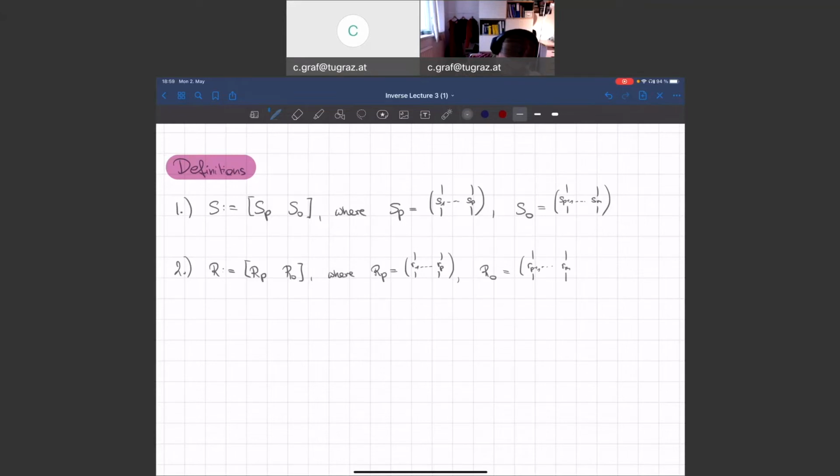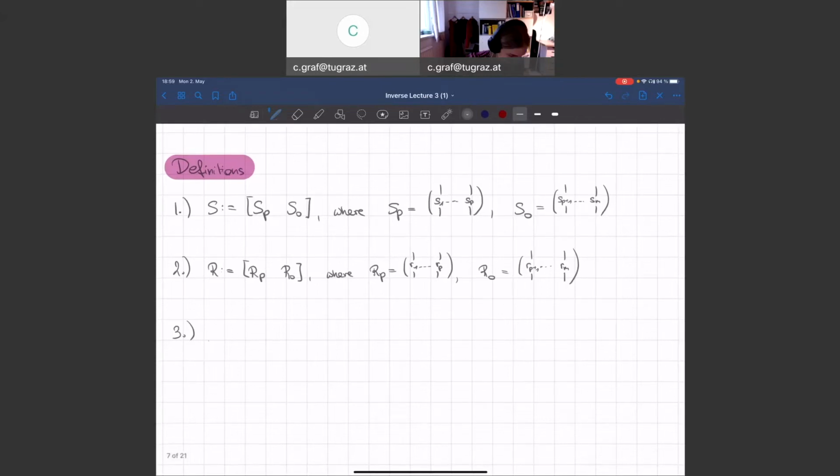And last, we do the same thing for the diagonal matrix lambda. So we say lambda is decomposed into lambda p, and then we have 0 blocks everywhere else. And lambda p is just the diagonal matrix containing lambda 1 up to lambda p.